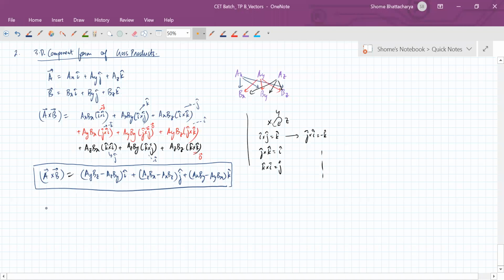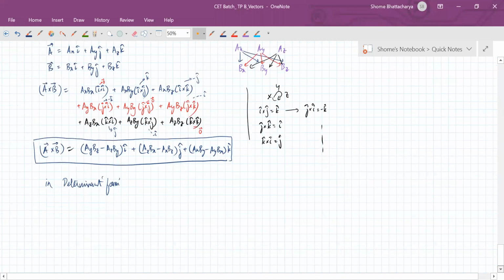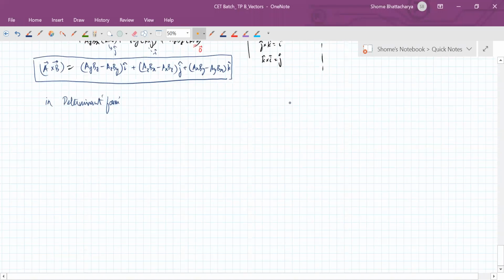Okay, so now let us look at this in determinant form. For that, let us first recall the concept of the determinant of a 3 by 3 matrix.